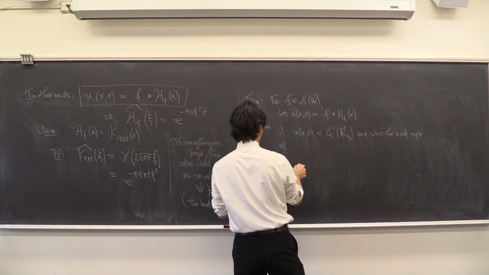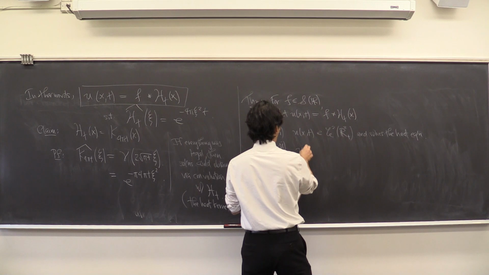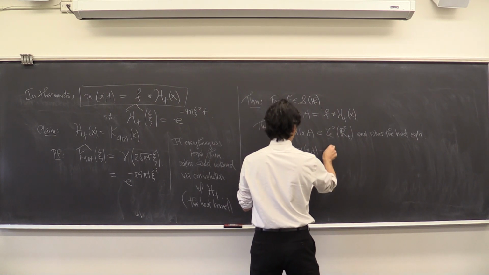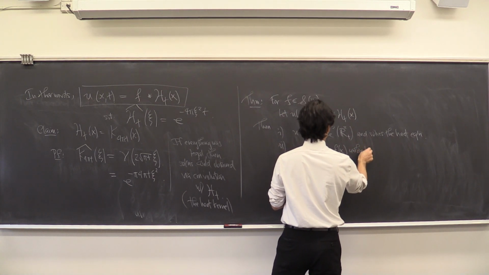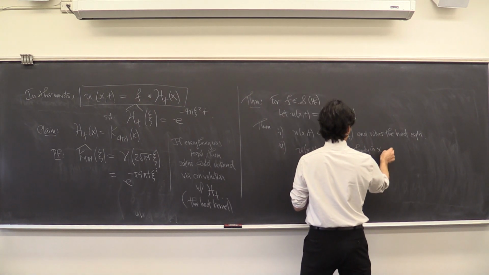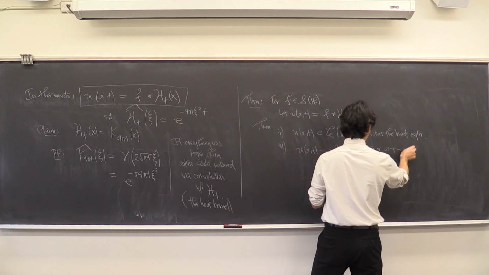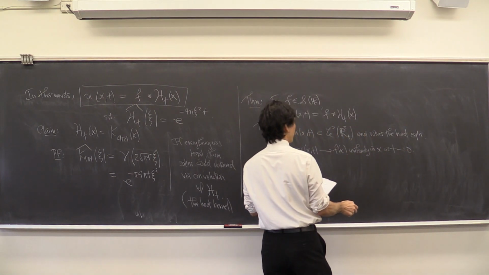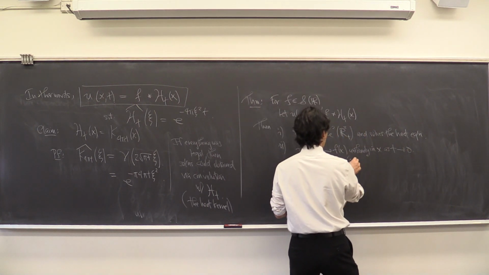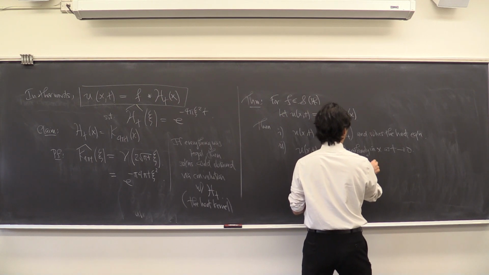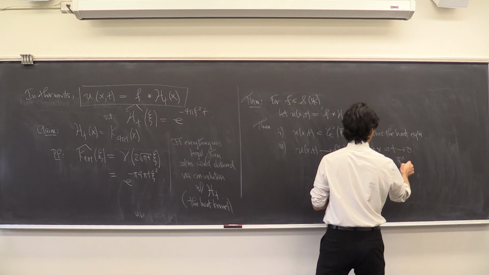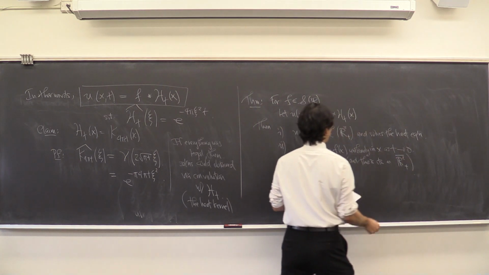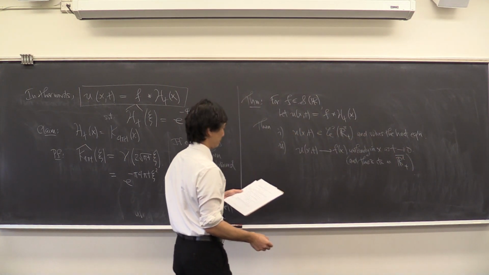Two, u of x,t converges to f uniformly in x as t goes to 0, and thus is continuous on the closed upper half plane.